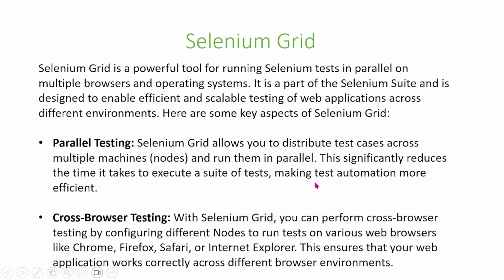The next thing is Selenium Grid allows cross-browser testing. With Selenium Grid, you can perform cross-browser testing by configuring the different nodes to run on different web browsers such as Chrome, Firefox, Safari, or Internet Explorer. This will ensure that your web application works correctly across the different browser environments.